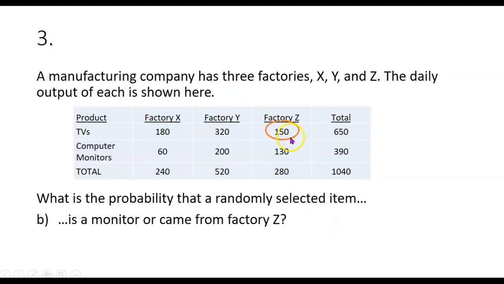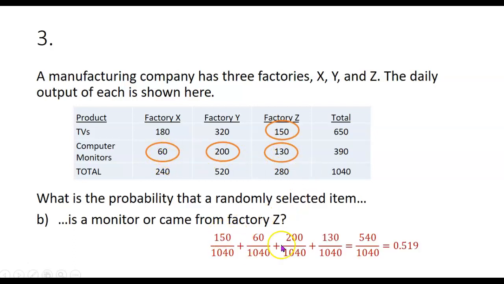Well, let's see, there's these 150 TVs from Factory Z. They would count because they came from Factory Z. These 130 computer monitors from Factory Z would count. These 200 computer monitors from Factory Y would count because they're monitors. You just have to be one or the other. And then we've also got these 60 monitors from Factory X.